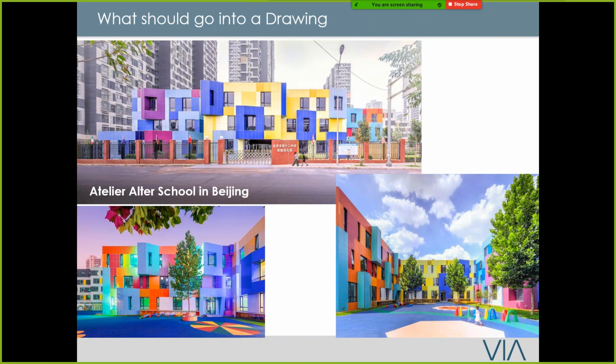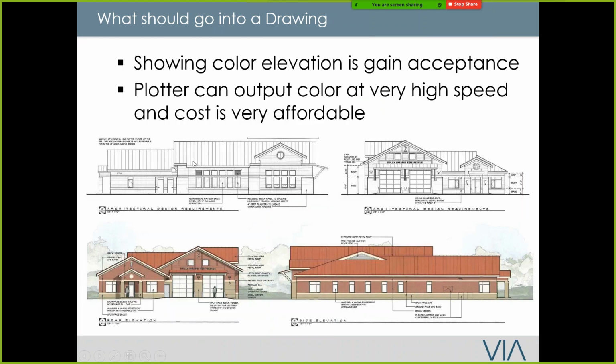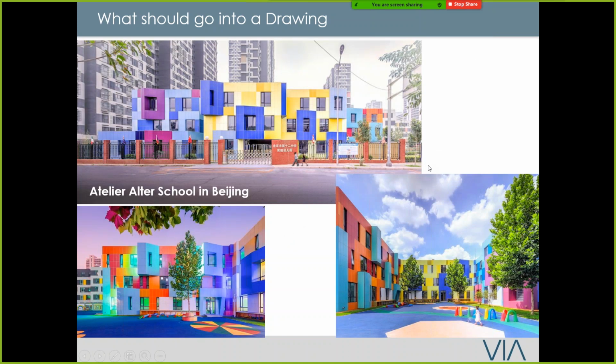Now think of it as when you're doing an elevation, and you have to tell the contractor what color those are supposed to be. If you're doing black and white, chances are they're not going to know what they are. But if you do it in color, you can tell, oh, this is this color, this is this color. So it makes things a lot easier.